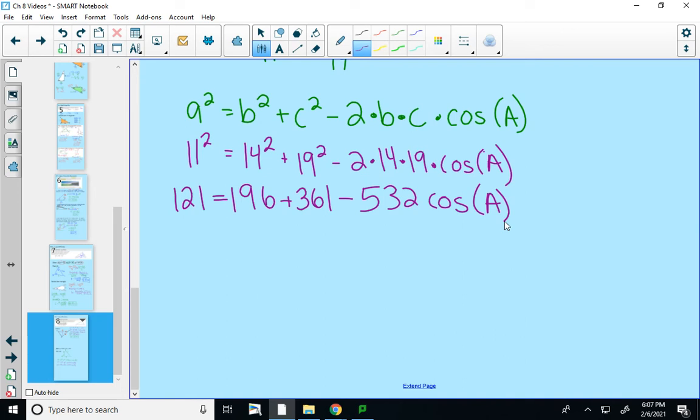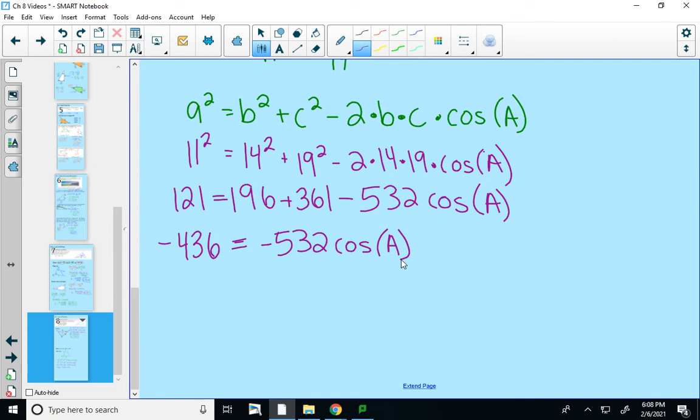Let's start by subtracting what we can. So 121 minus 196 minus 361 will be negative 436. That's equal to negative 532 times the cosine of A.